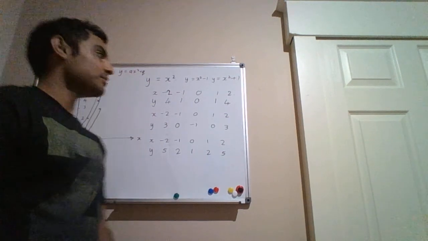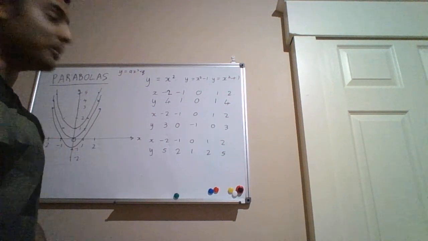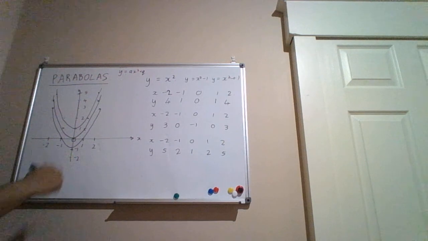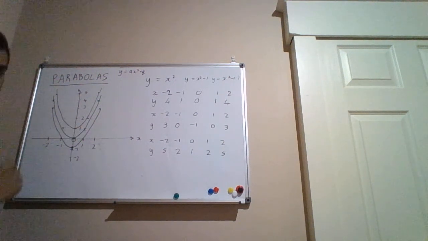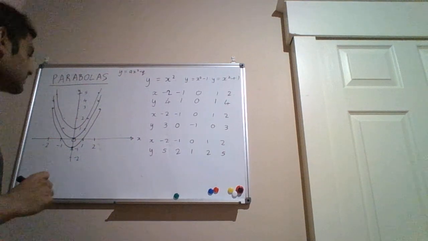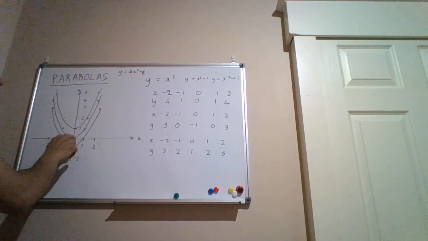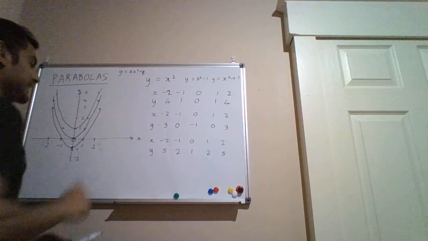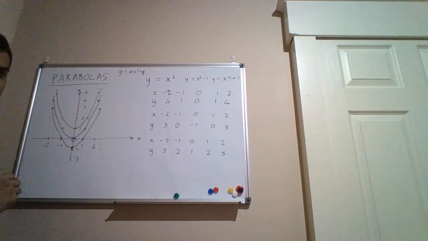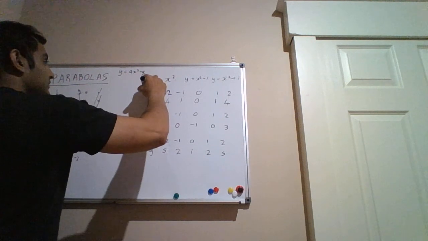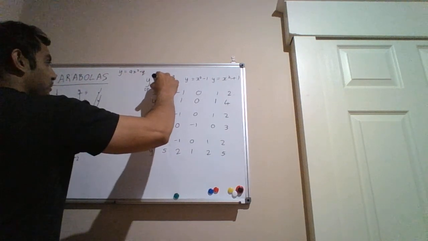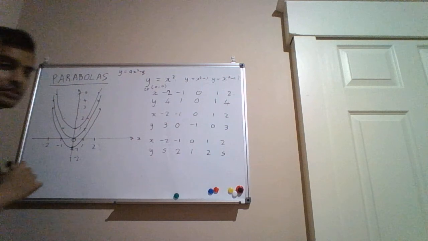So next, we just need to talk about the turning point. So the turning point of the parabola is this point here, where the two branches meet. In our original graph, y equals x squared, our turning point is at the origin. So our turning point has the coordinates 0, 0.